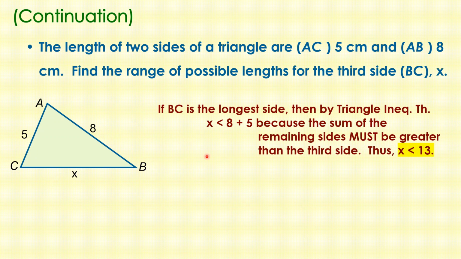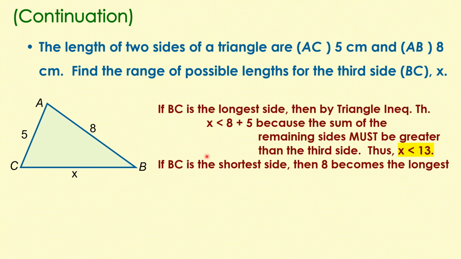So x is less than 13 by simplification. BC or x can also be the shortest side.